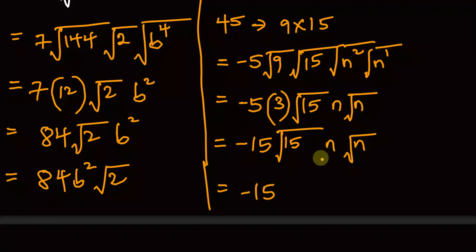Then this n, I am bringing it here. So it's going to be negative 15n. Then these two are in square root. So I will just combine them into one square root. It's going to be square root over 15n. That is going to be our answer.